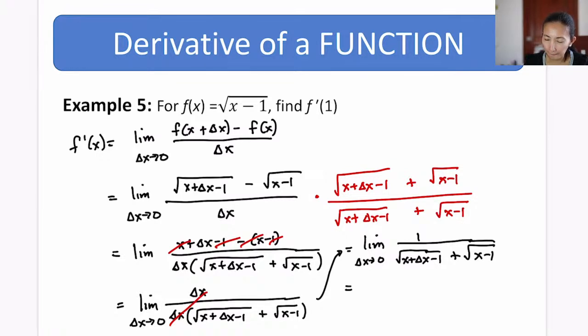Okay, what will this be? Treat x as a constant, and we can only evaluate, or should I say substitute delta x with 0. So this one will give 1 all over, okay, square root of x plus 0 minus 1 plus square root of x minus 1, which when added will give, may space pa ba tayo dito? Let's see.